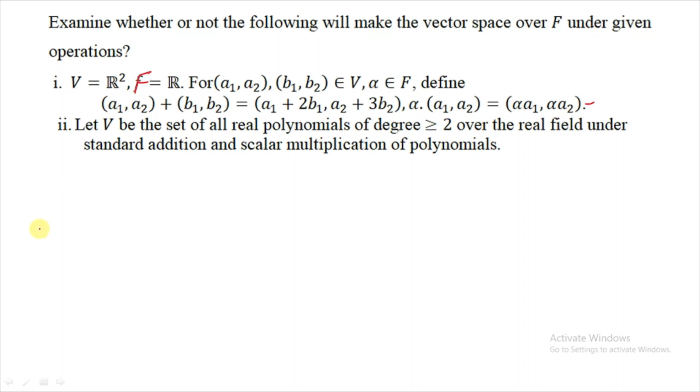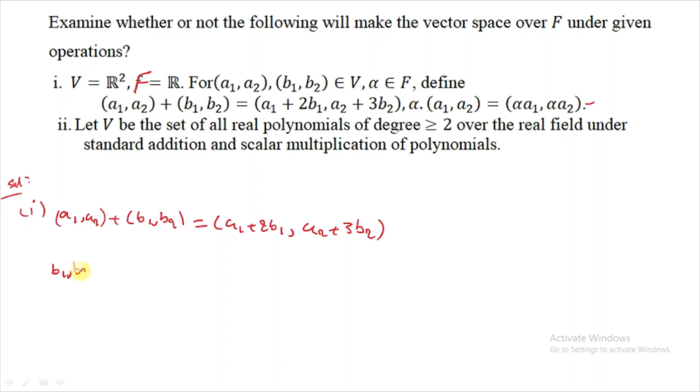Now observe here, solution, the first one. A1 comma A2 plus B1 B2 is given as A1 plus 2B1, A2 plus 3B2. So this vector addition must satisfy all five conditions, including the commutative property and the associative property. Now I'm checking the commutative property.